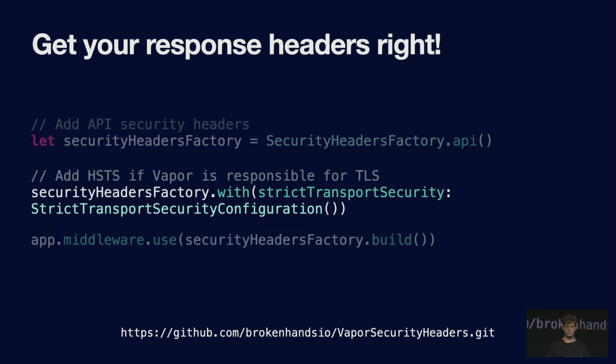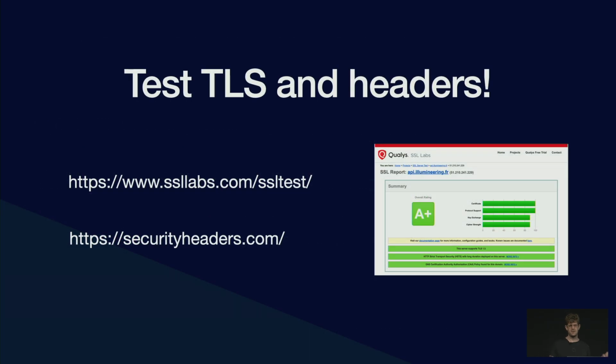And if you are responsible for TLS within your app, don't forget about the HSTS header, that is the Strict Transport Security one. But this should be added by your load balancer that is actually doing the TLS, in my opinion. And then test it.